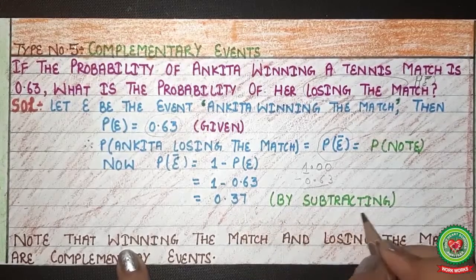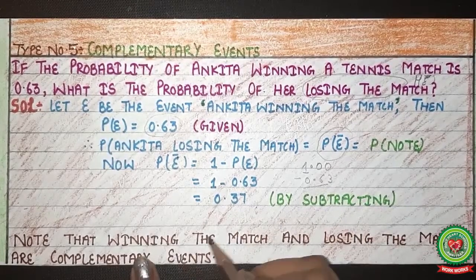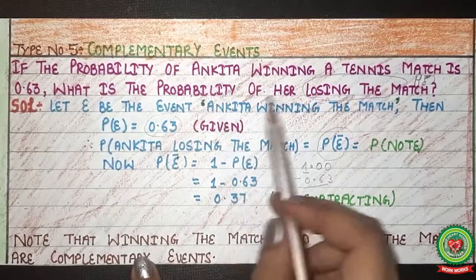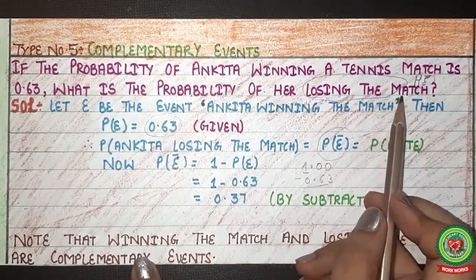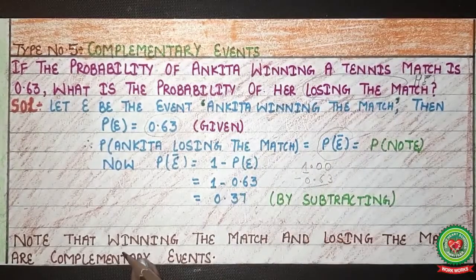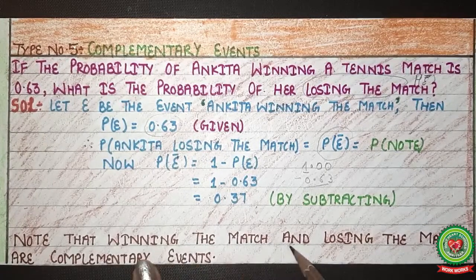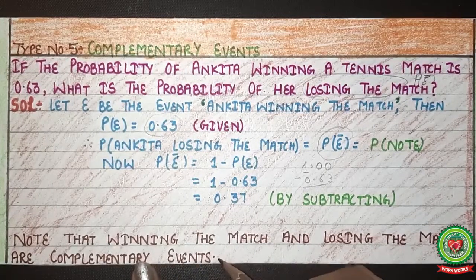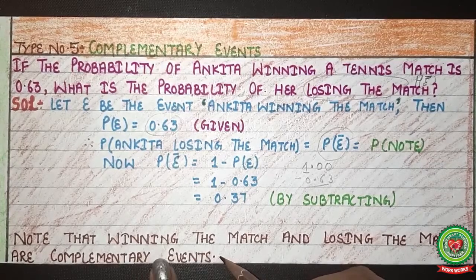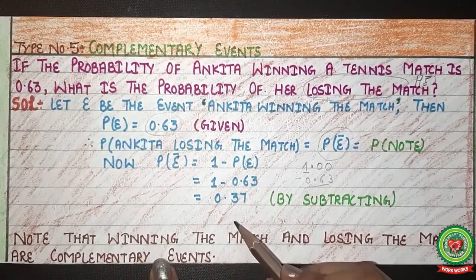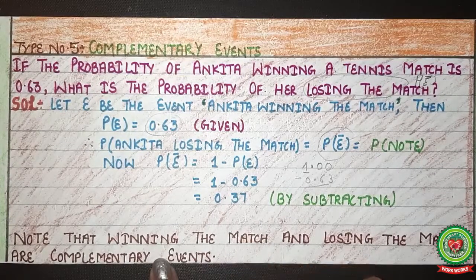So this is the probability when Ankita will lose the match. Note that winning the match and losing the match are complementary events, as we have discussed with that example of the cricket match between team A and team B.